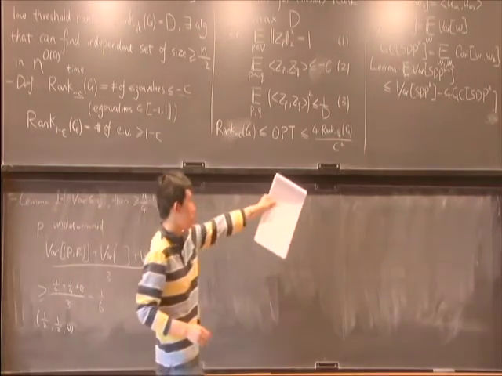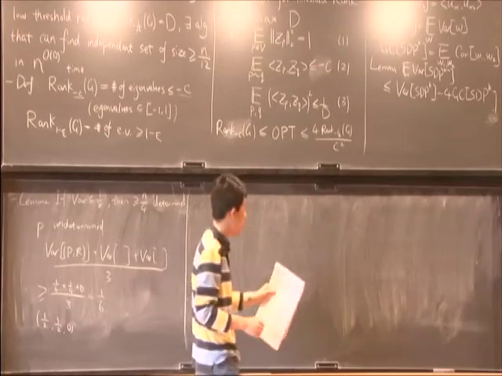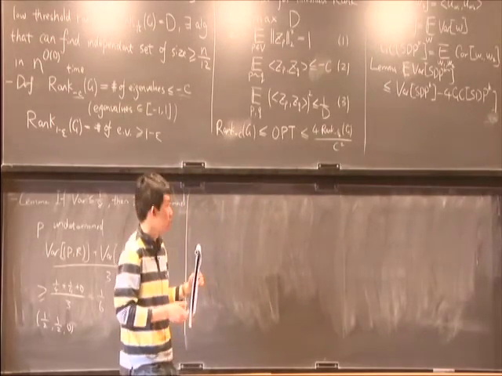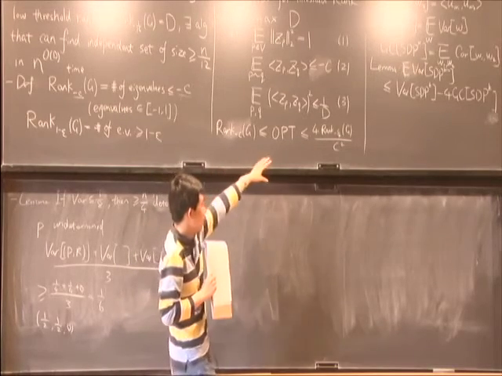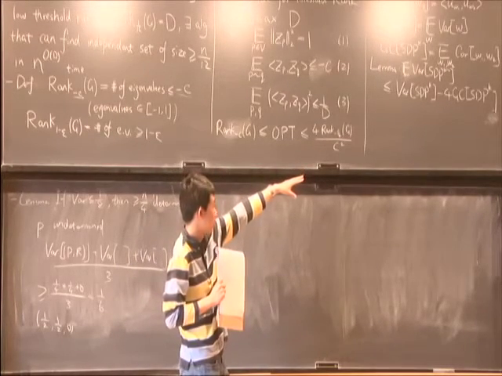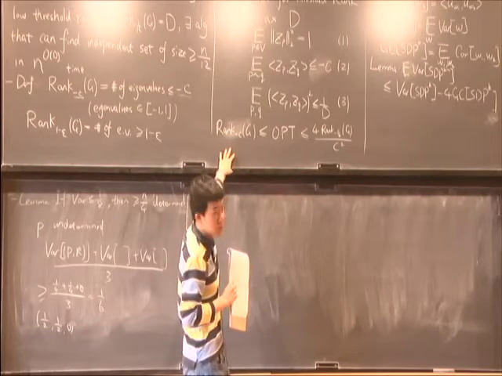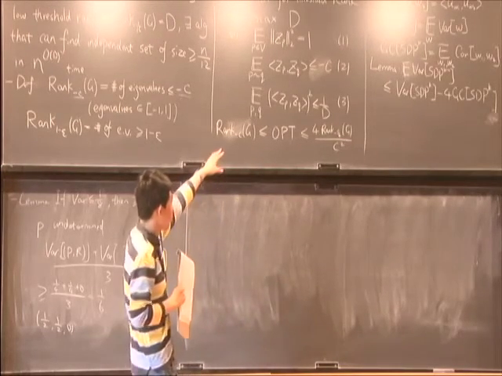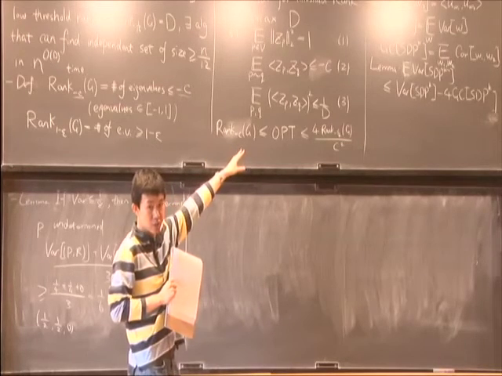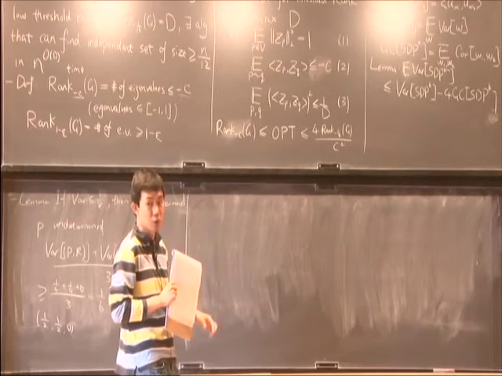Now we want to prove that global correlation is always high, and as you can guess, to prove the global correlation is high, we need to use this relationship with threshold rank. To do that, we will construct these vectors Z and show that they have local correlation.